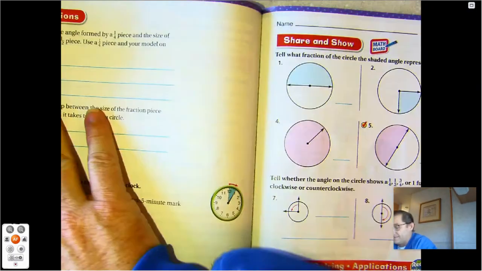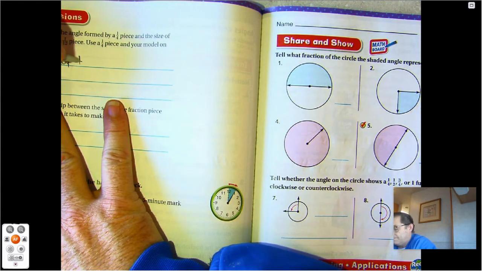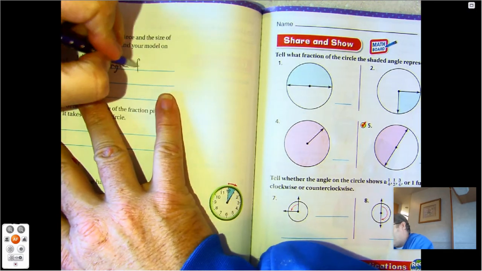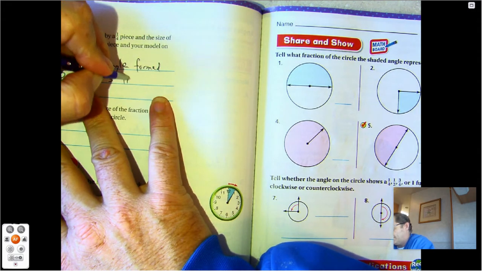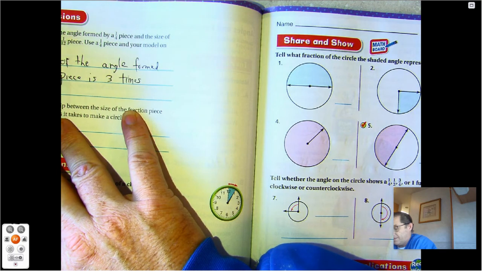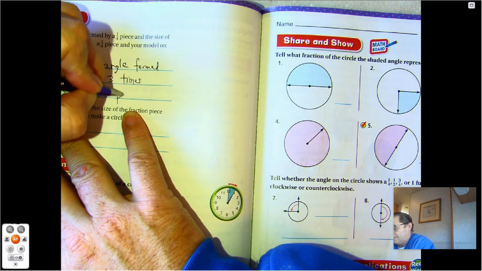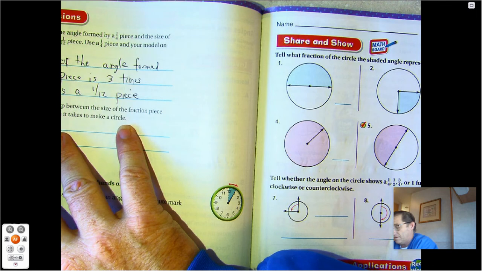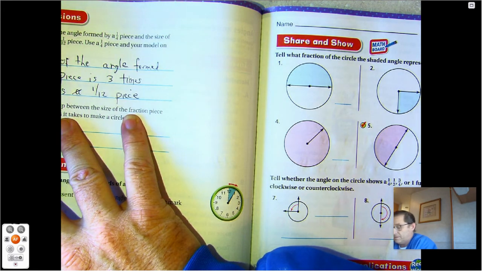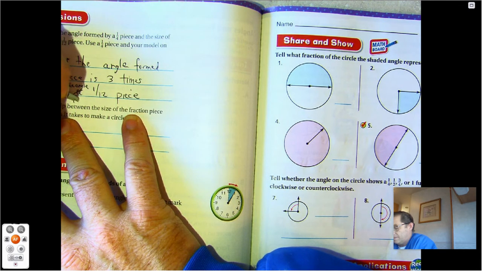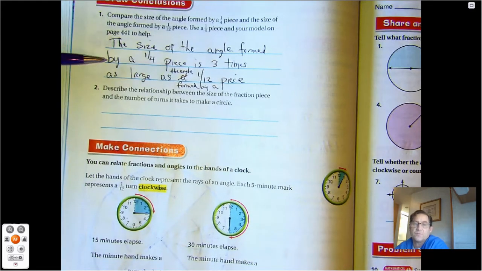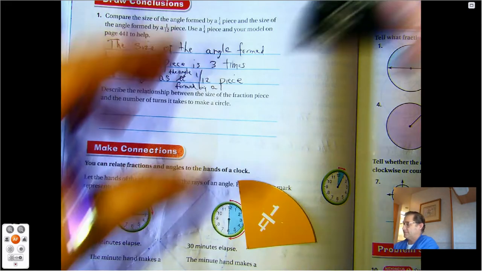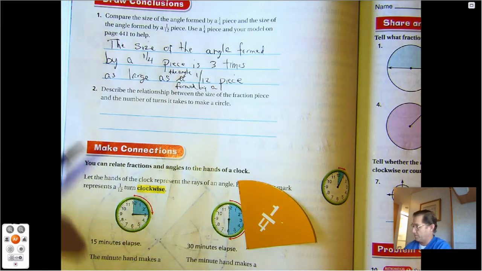So what is the relationship? The size of the angle formed by a 1/4 piece is 3 times as large as the angle formed by a 1/12 piece.